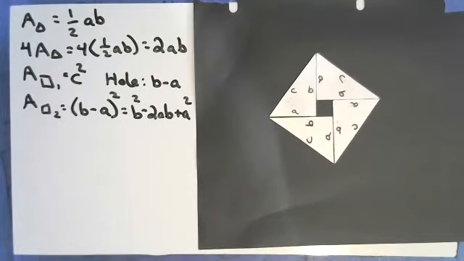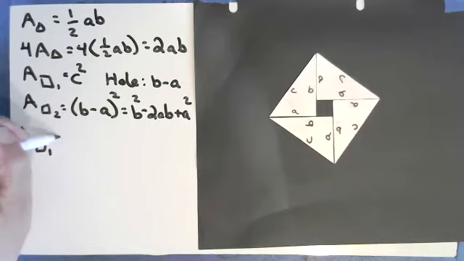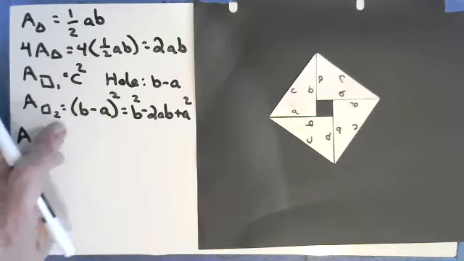Now, what we want to see is how do we get the Pythagorean theorem out of this? We recognize we have these three different areas and they're all related in this picture. Let's write it this way.